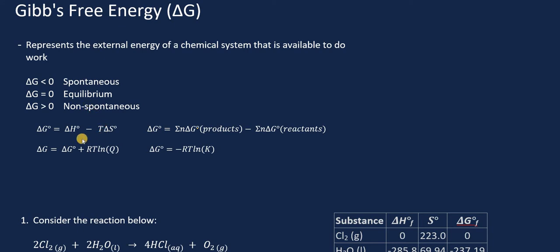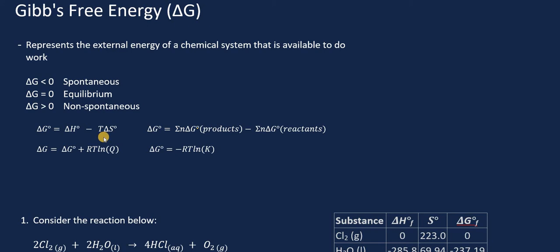And there's a variety of equations that you can use to solve for Gibbs free energy. This equation here is a very common one, and it relates enthalpy and entropy with Gibbs free energy. Now, Gibbs free energy is somewhat different to enthalpy and entropy in that it's temperature dependent.